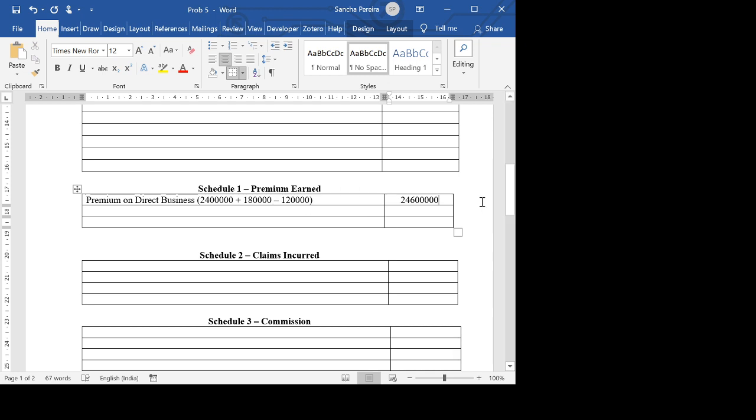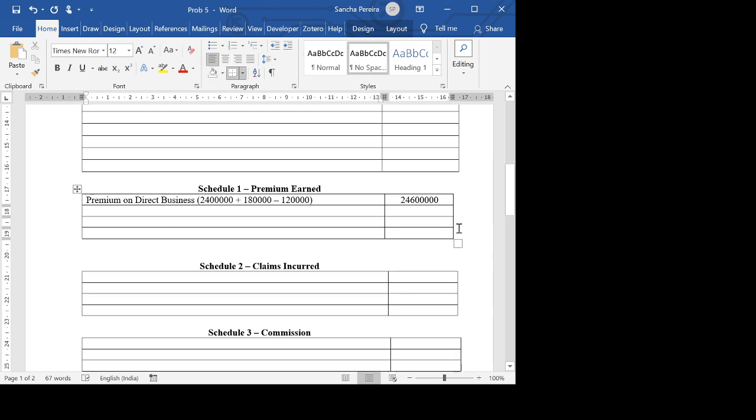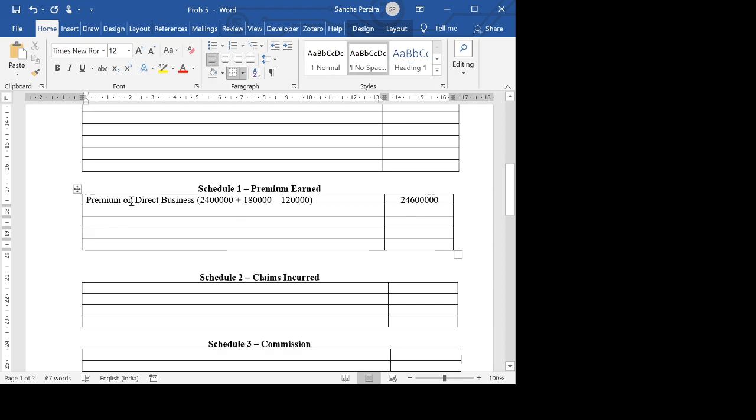To this we have reinsurance accepted and reinsurance ceded. So I'm going to add premium on reinsurance accepted.